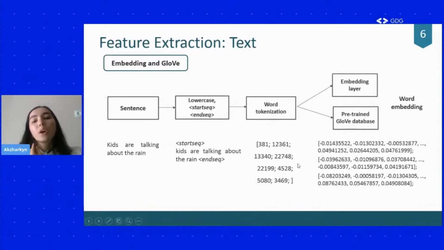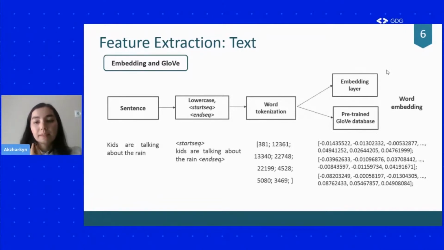And then in order to input to the model, we convert to vector. There are two ways. First is to train our own embedding layer, or another method is to use an already pre-trained GloVe database, which has vectors for each word in the dictionary.